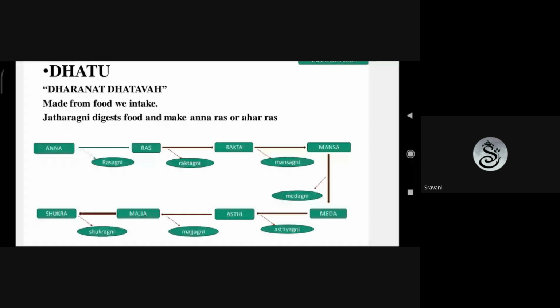Okay. Now, Dhatu. Dharanat Dhatu means which is holding our body. Dhatu is the place for holding. Dharanat Dhatava. That is Dhatu.